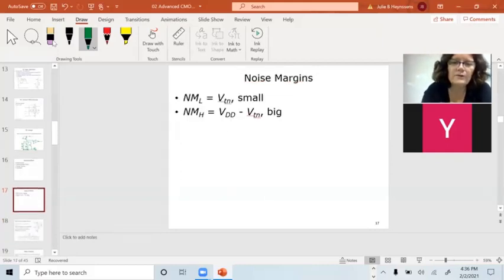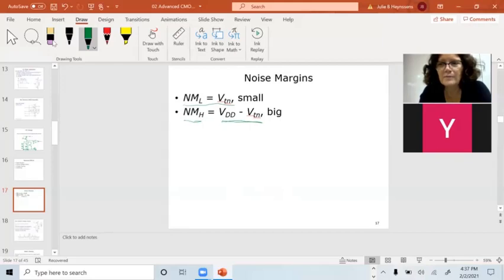So the noise margin low is going to be reduced, instead of being VDD over 2, which is pretty ideal, it is all the way down at VTN. Really bad. The noise margin high is really good, but I've lost that balance between my noise margins.